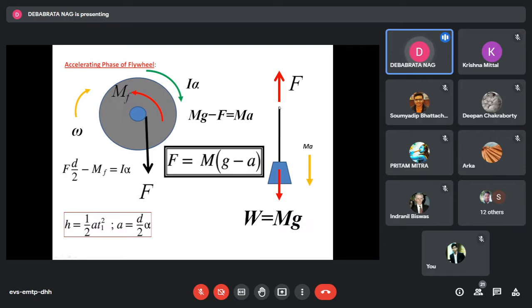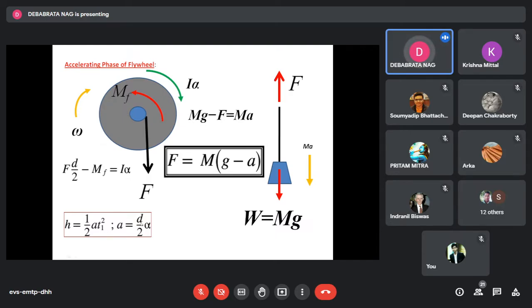And since we are assuming that the string is inextensible, every point on the string will have that acceleration. So ultimately we can write that a will be equal to d by 2 multiplied by alpha. Remember, d is the diameter of this blue portion of the shaft, or the test portion of the shaft, the bigger diameter of the shaft in our actual installation.